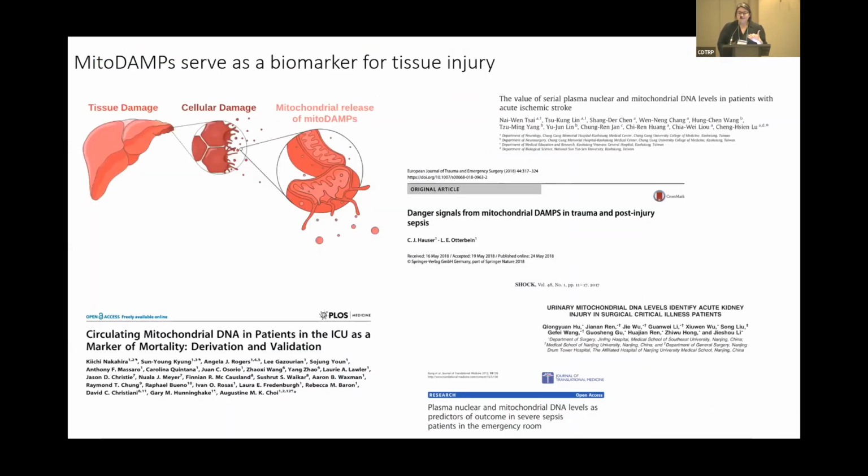But we also note about mitochondrial DAMPs, and in particular mitochondrial DNA, which is an important component of mitochondrial DAMPs, that it serves as a robust and stable biomarker that's predictive of clinical outcomes. For instance, mitochondrial DNA in serum or cerebral spinal fluid, or even in urine, can predict things like ICU mortality, kidney injury, and severity of ischemic stroke.